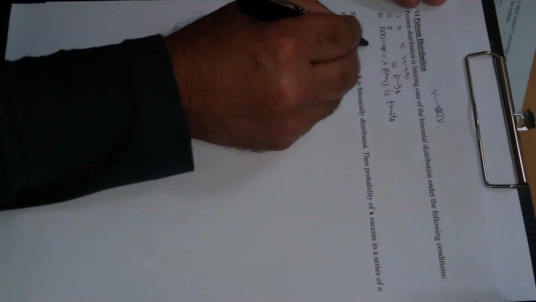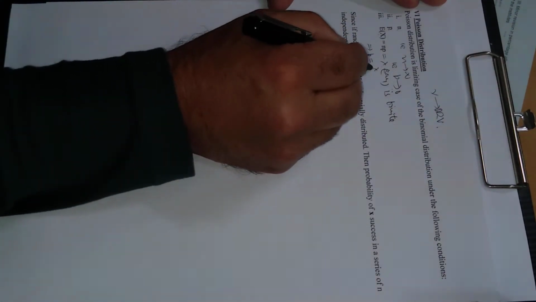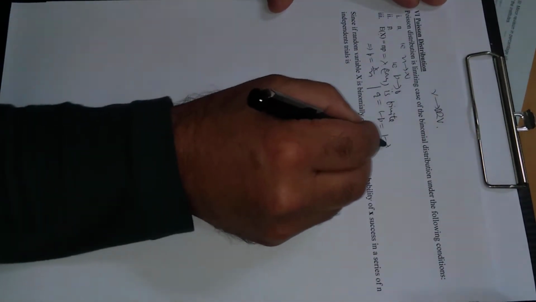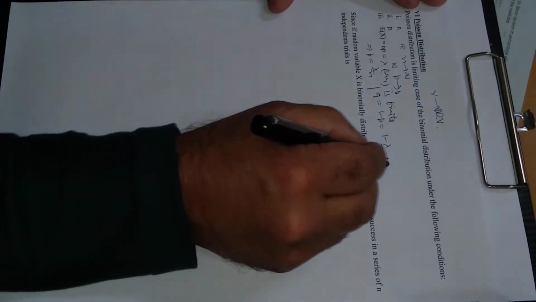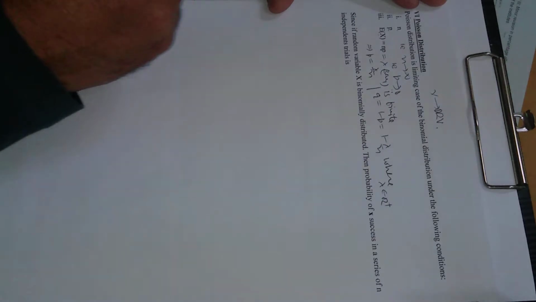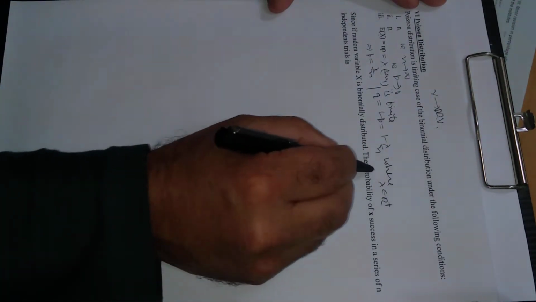From here, what will be the value of P? P will be lambda upon n, and therefore Q, just the opposite of P, is 1 minus lambda upon n, where lambda is any positive real number. So let us suppose this result to be 1.